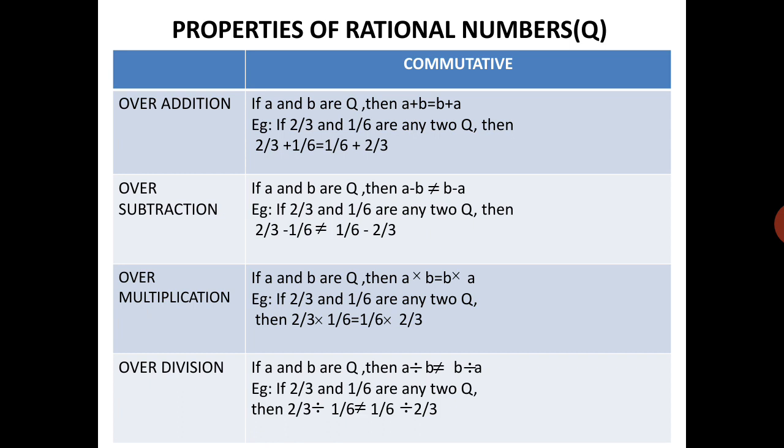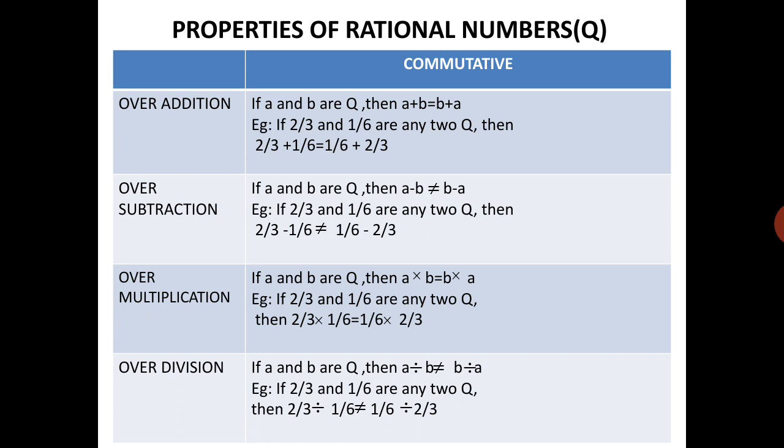Again one example is taken here. 2 by 3 and 1 by 6 are the given two numbers which we have considered. You can take any other number on your own. Now when you add 2 by 3 to 1 by 6, or you add 1 by 6 to 2 by 3, I mean you change the order, but the final answer will always remain the same.